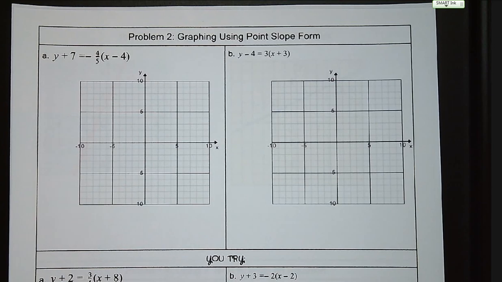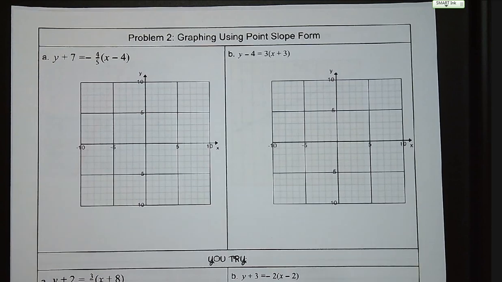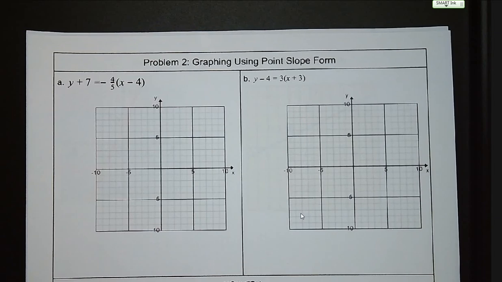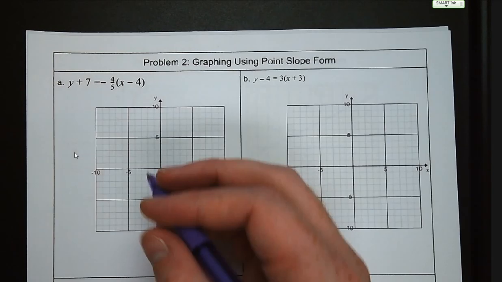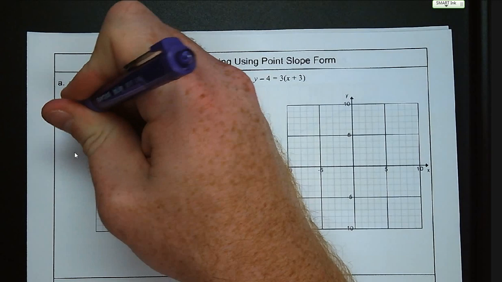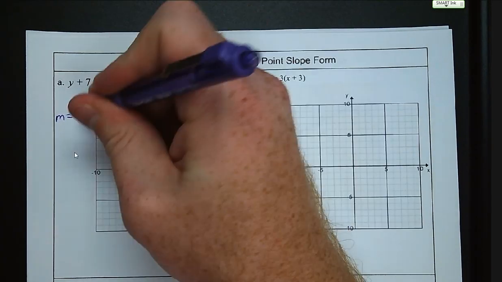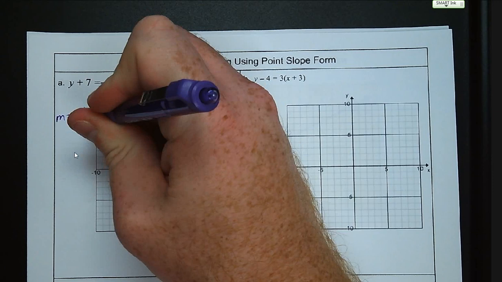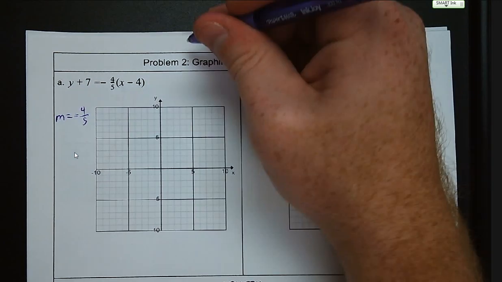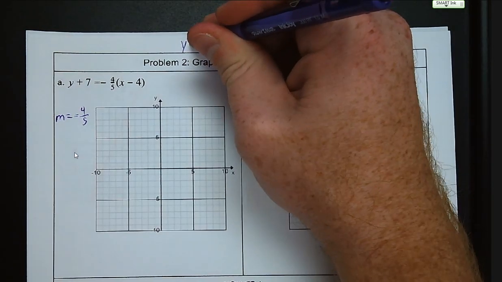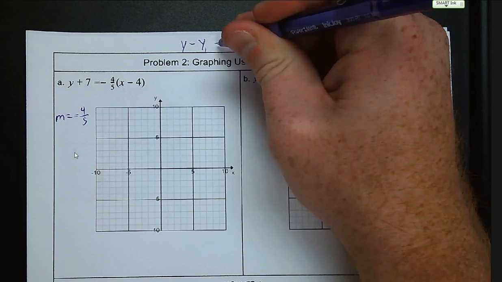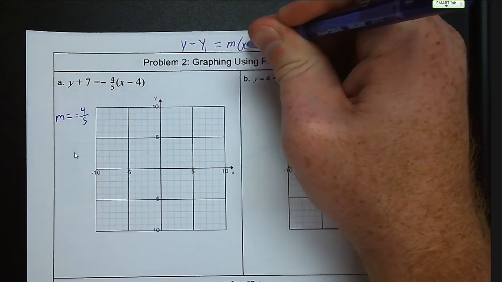So for these problems, we can take the information from the equation and use it to graph our line. So the first thing, our slope is equal to negative 4/5. And right up here at the top, I'm going to write in our generic form. Y minus y1 is equal to m times (x minus x1).